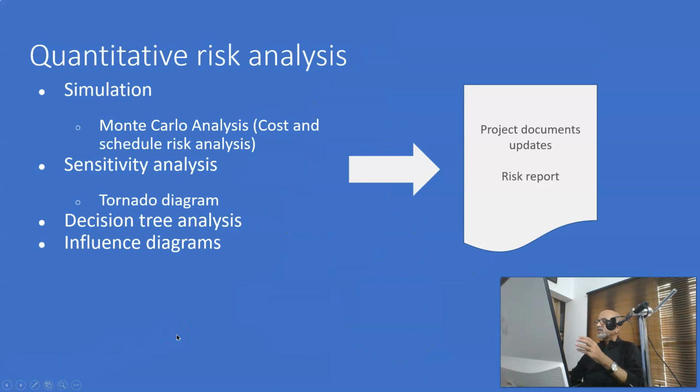So whatever is prioritized in qualitative risk analysis, out of that some of the variable risks will undergo quantitative risk analysis. Primarily we use simulation techniques, and one of the popular simulation tools is the Monte Carlo analysis.